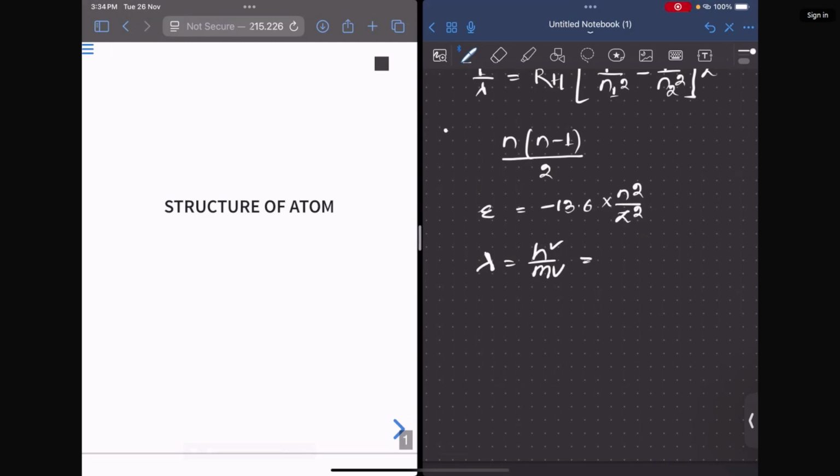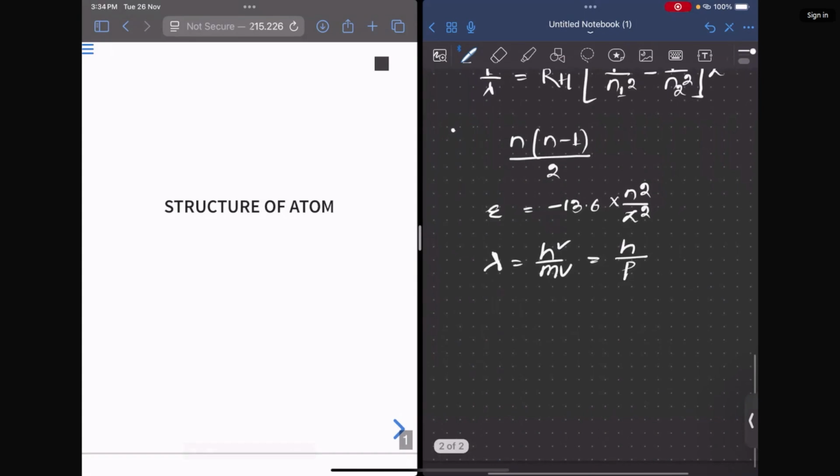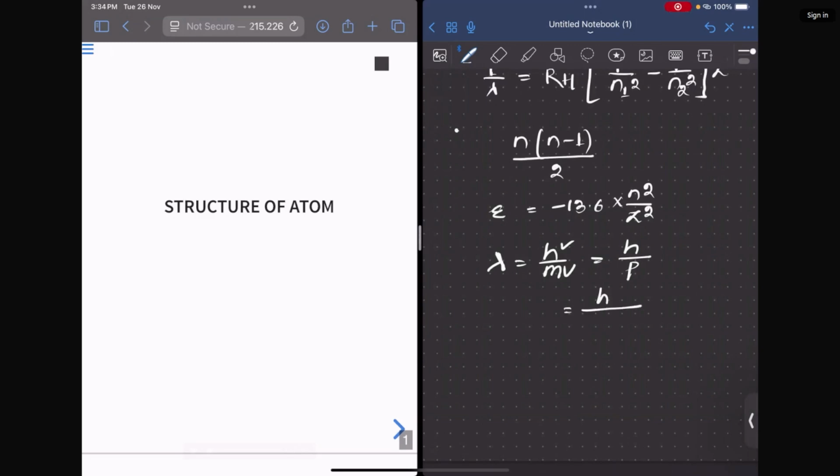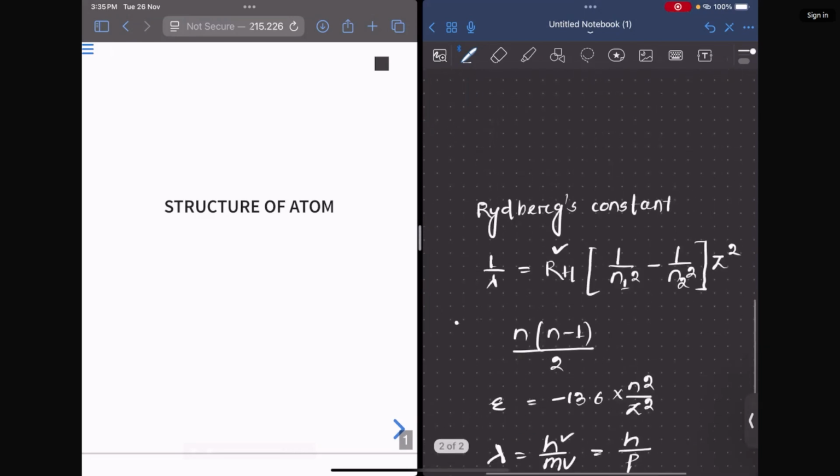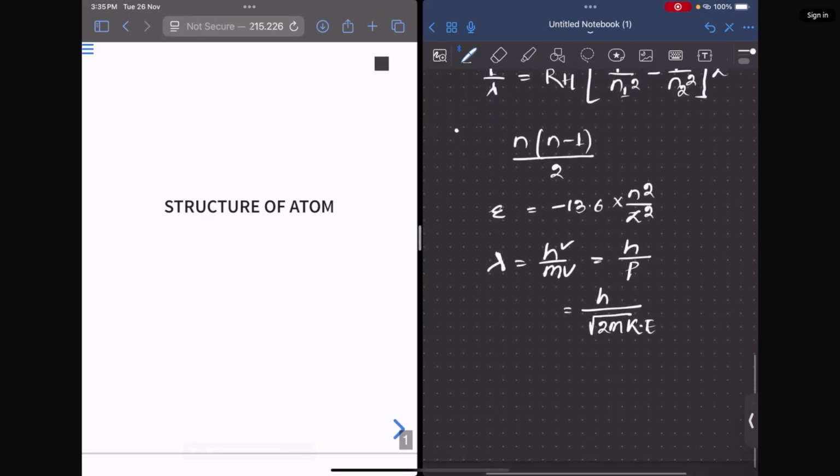Or you can write it as h by p, where p is the momentum, and you can convert this to kinetic energy also. In kinetic energy form, it will be h divided by root of 2m into kinetic energy. So we'll use these formulas in today's session.